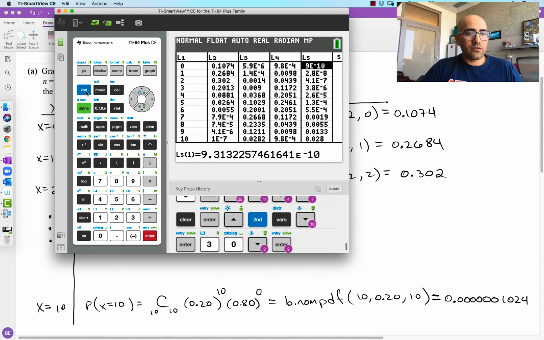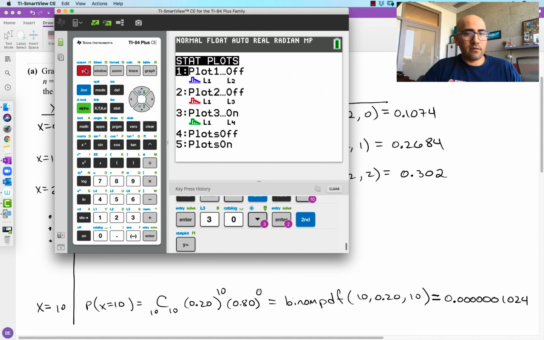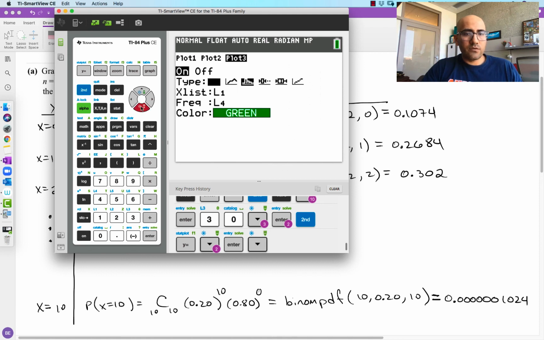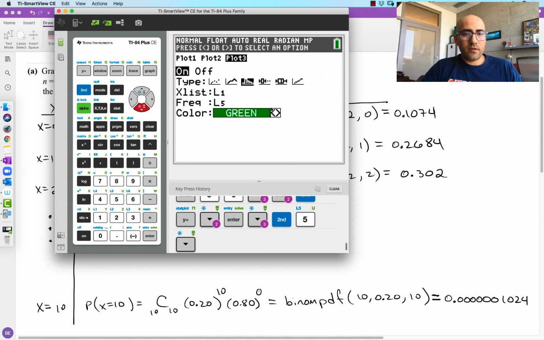So let's go to stat plot, and let's redo 3. And let's just change this to L5 now. And let's change the color. Brown.